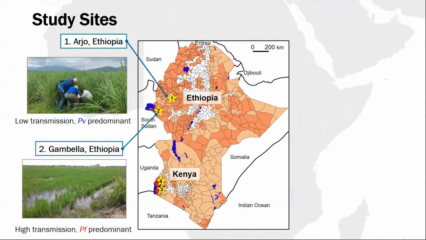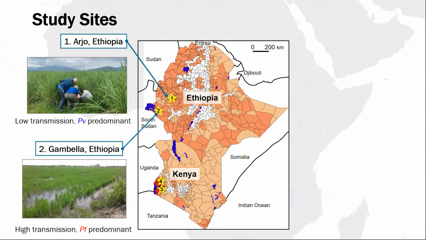We designed four study sites, two in Ethiopia and two in Kenya. These sites vary in transmission intensity and cropping practice. In Arjo, Ethiopia, this is a sugarcane plantation site with low transmission intensity, and vivax being the predominant species. The Gambela site is a commercial rice plantation site with high transmission, and falciparum the predominant species.